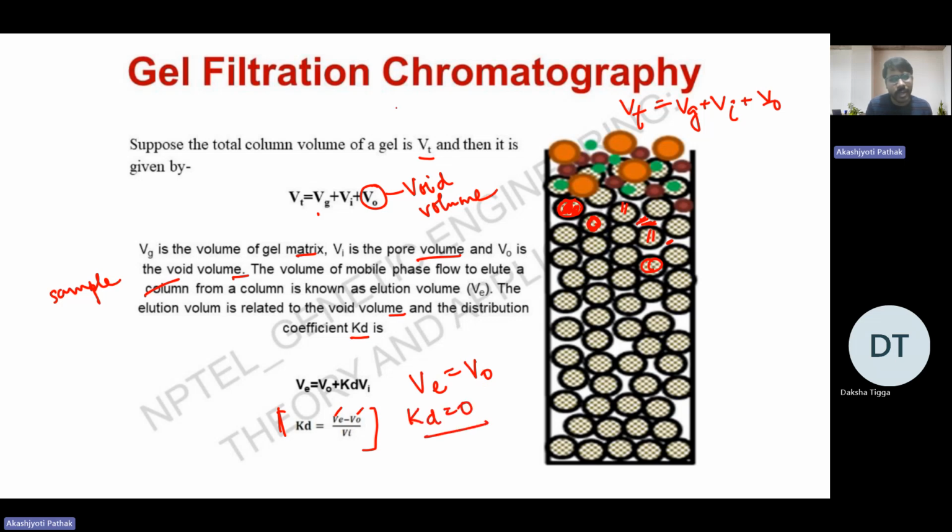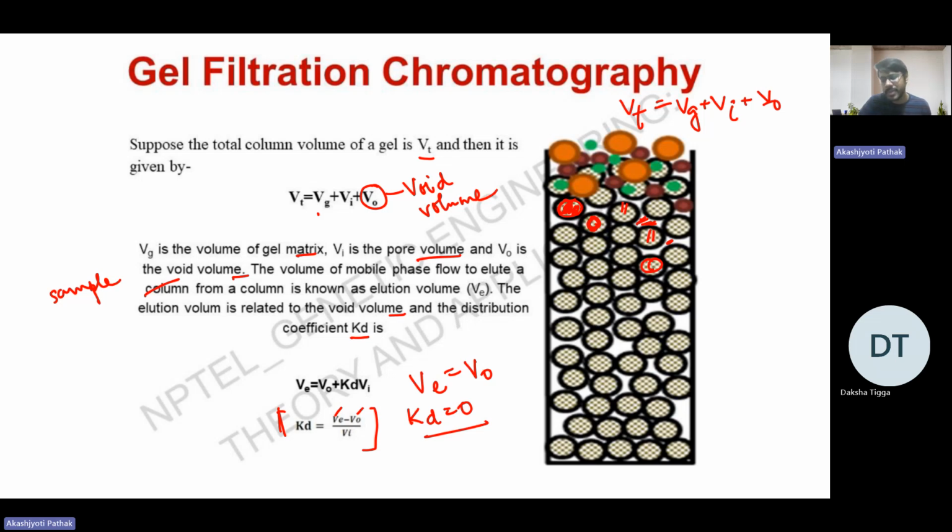So when we do a size exclusion chromatography, every column that you purchase commercially has a void volume. There are different types of column: Sephadex column, Sephacryl column, Superdex column. All these different columns have a particular pore size, and depending on the pore size, they will also have a void volume.